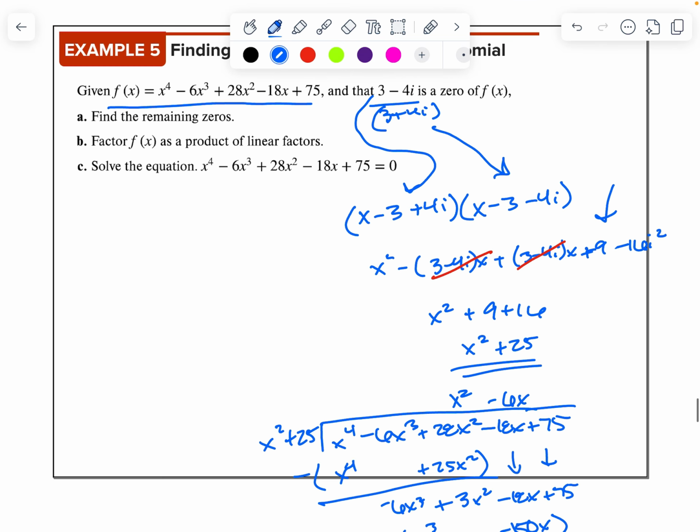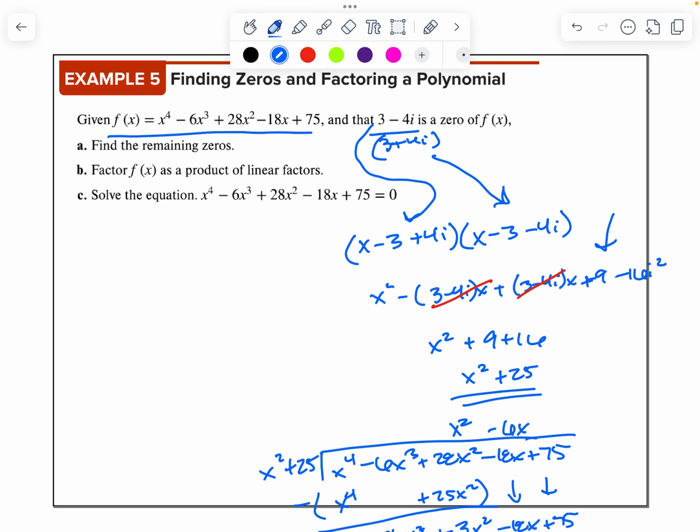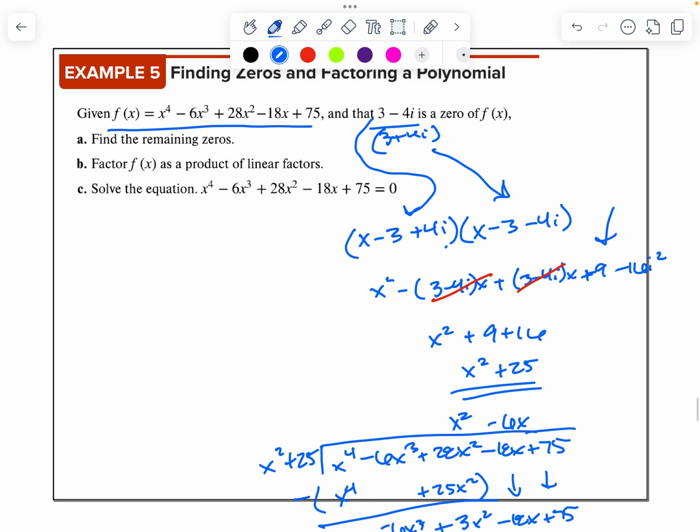Well, we can go back and try synthetic division and make sure that I didn't mess something up here. X minus 3 plus 4i. X minus 3 minus 4i. Plus 9 minus 16i squared.